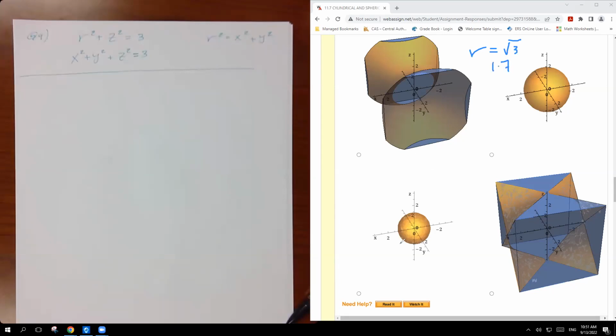Let's check this one. I'm talking about the circle in x, y. I'm not going to care about z. So here is 1, this is 1.5, this is 2. So 1.7 is supposed to be here, right? So I can choose this one. Let's check this one. This is 1, this is 1.5, this is 1.7. So the circle on the xy coordinate is right. That means the right answer is going to be this one. You got it?